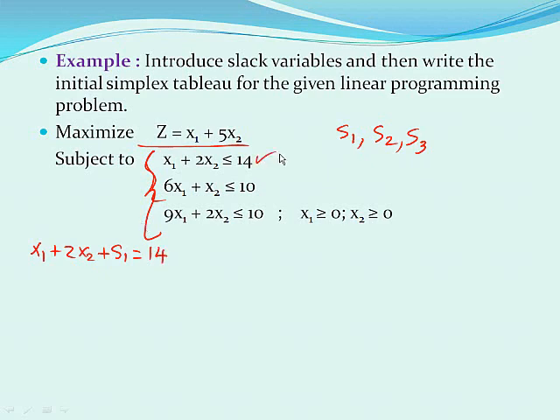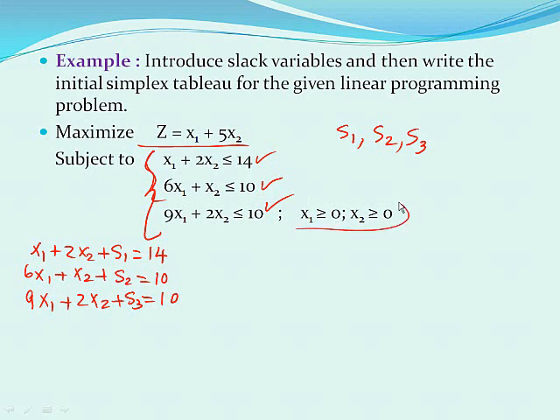So that is taking care of the first constraint. Second equation will be 6x1 plus x2 plus slack variable s2 equal to 10. That takes care of the second constraint. Third equation will be 9x1 plus 2x2 plus third slack variable s3 equal to 10. So that is the third constraint.